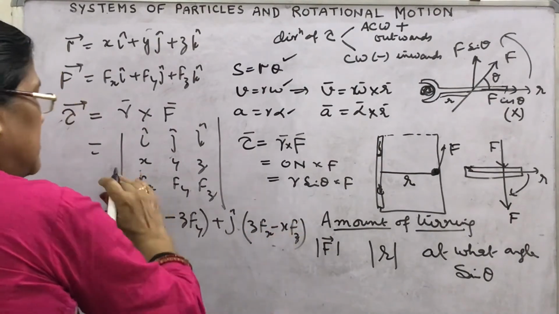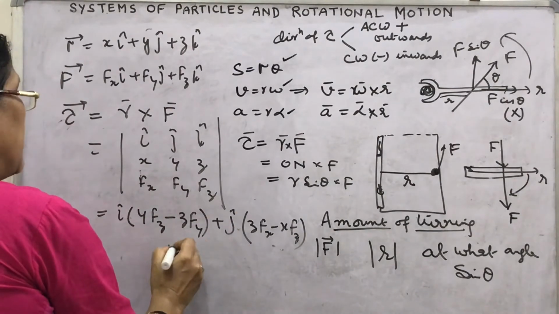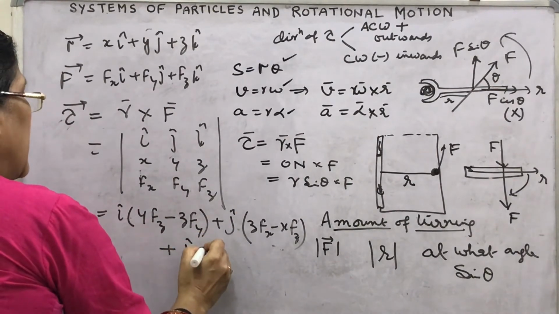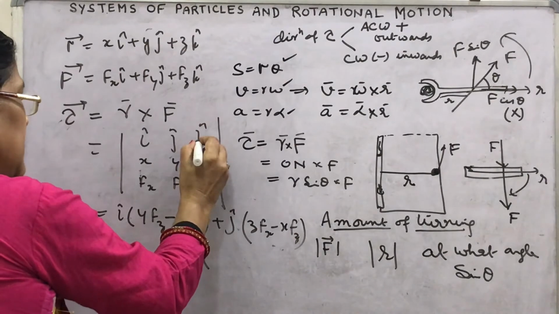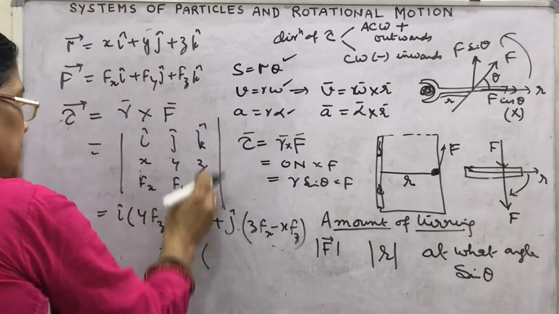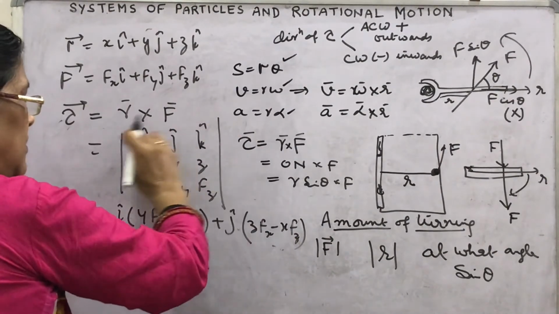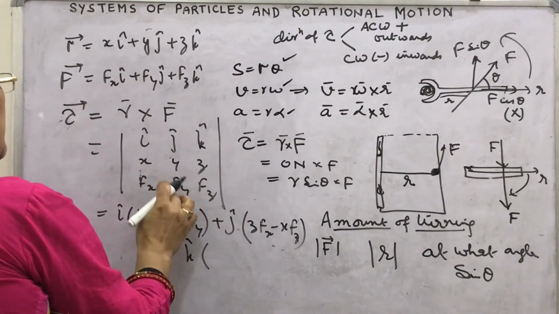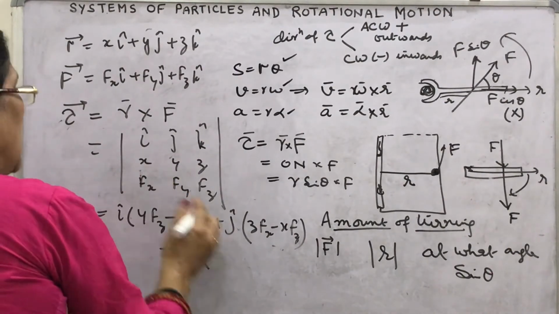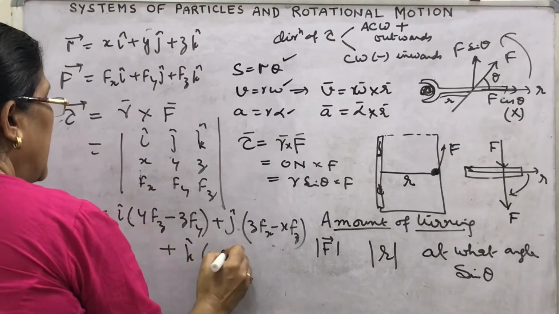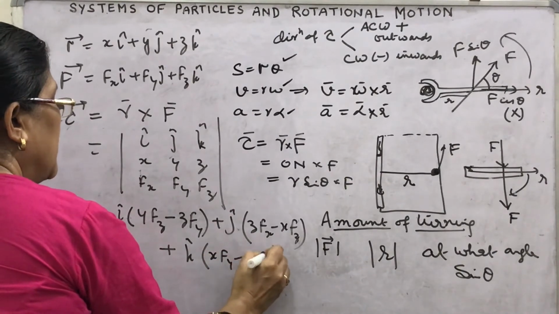You learned the method of this vector product, and plus k cap, again ijk you have written, then this column and this row will be missing, then again you will find x into fy minus y into fx.